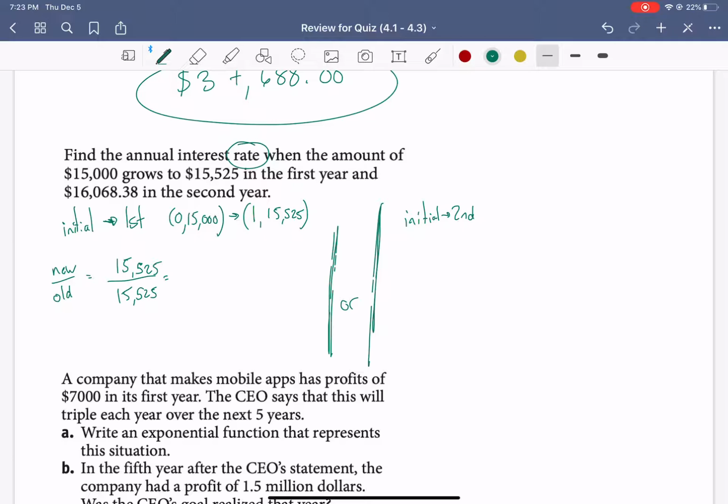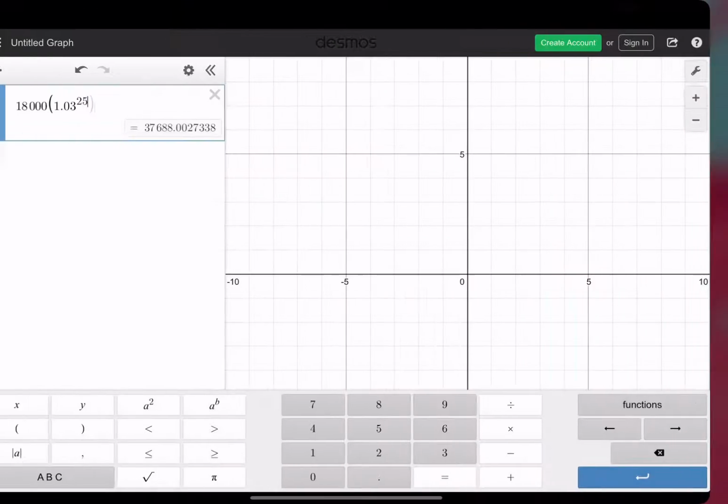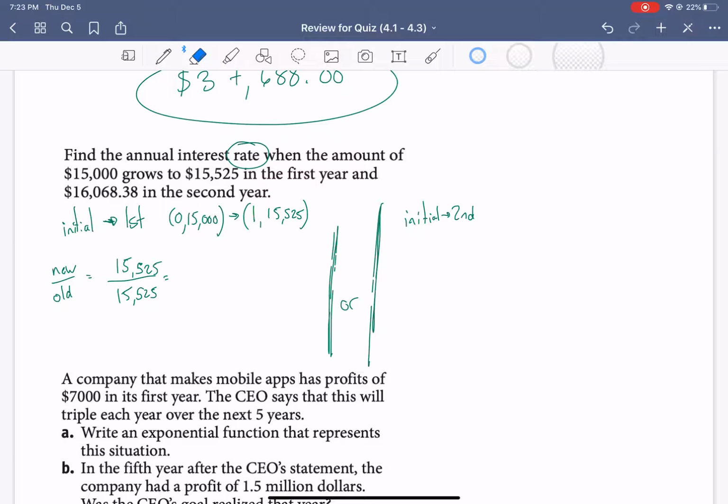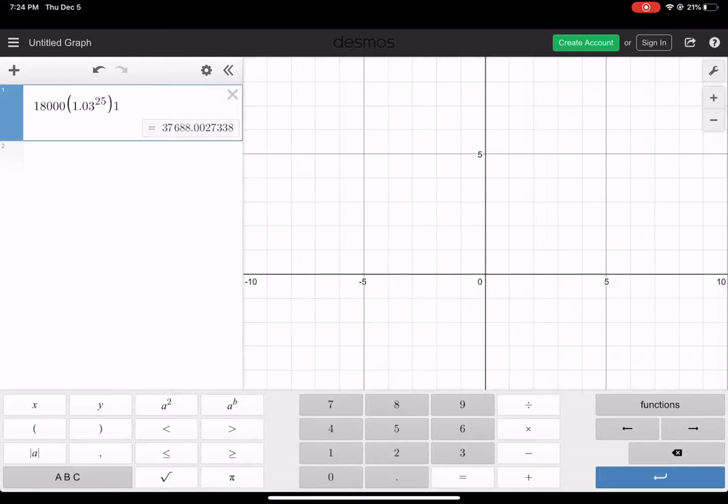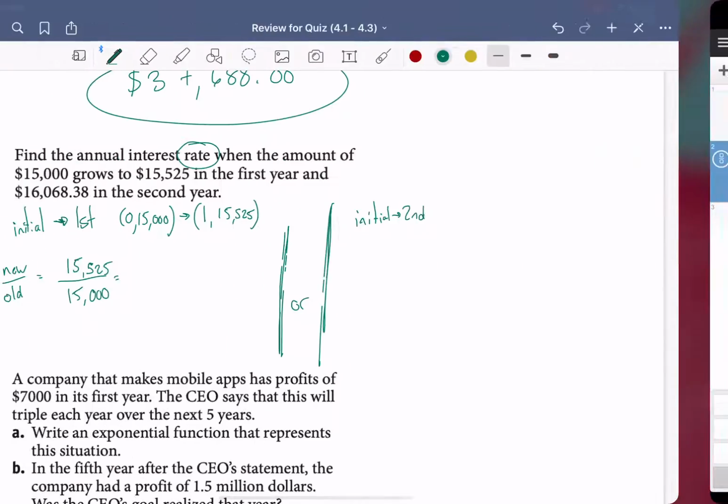All right, and then if we do that in our calculator, we get 1.035.